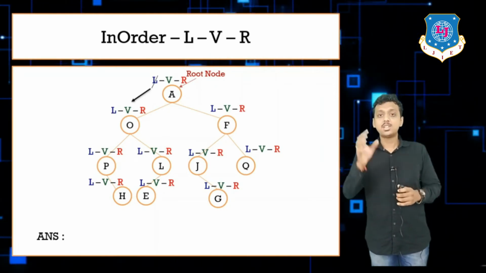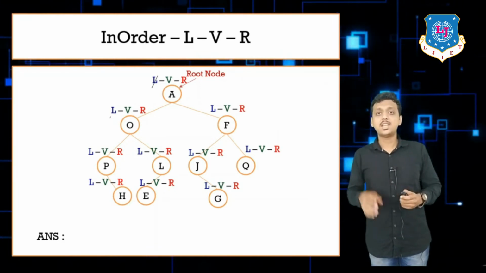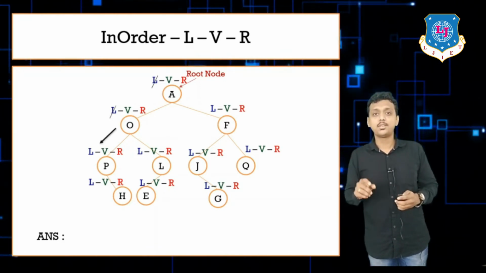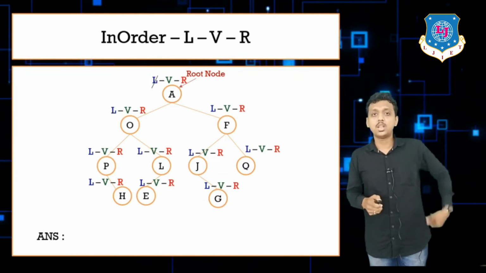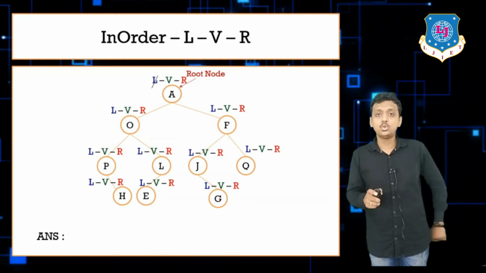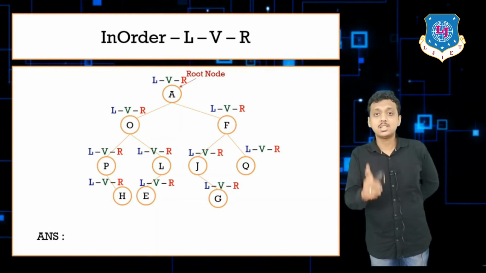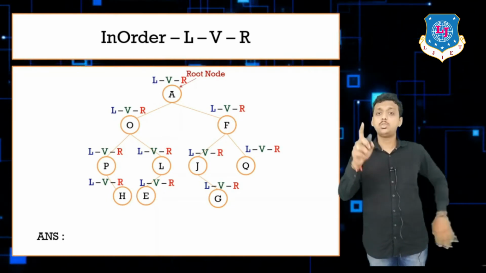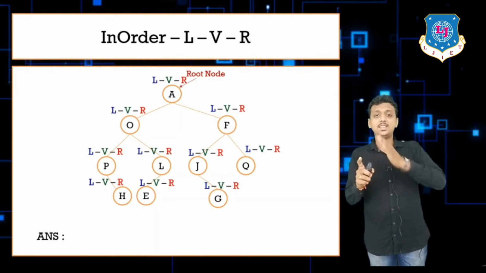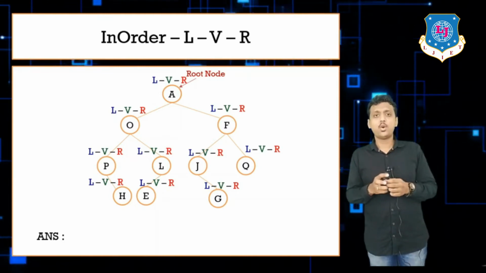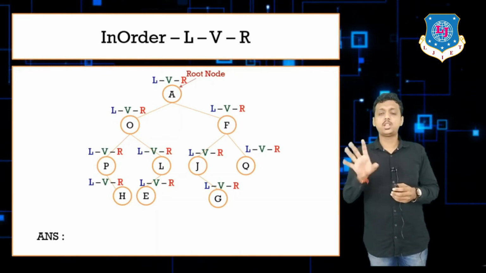Again, first I start with the root node A. First is L, so you just need to cut down the L and then move on the left side. Whatever operation we have performed, we cut it down.